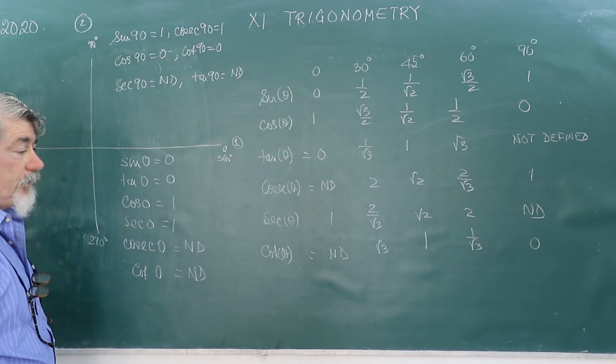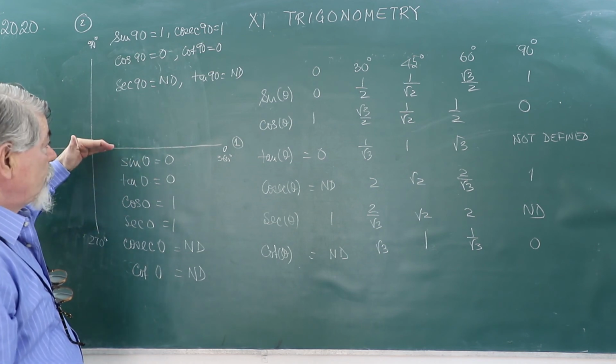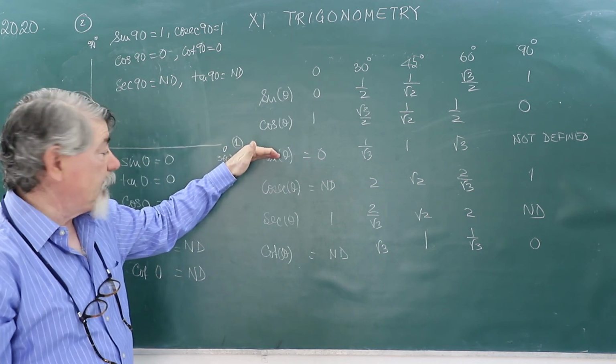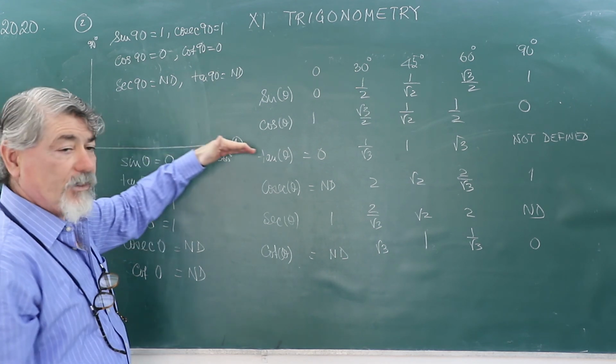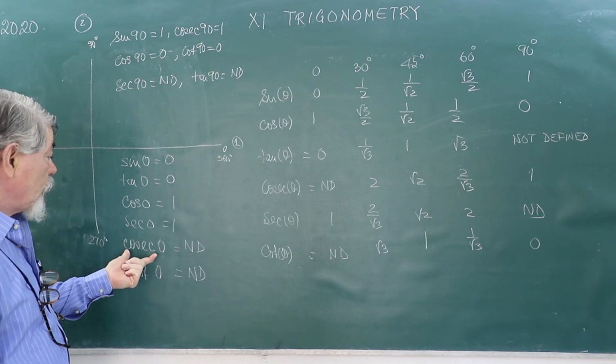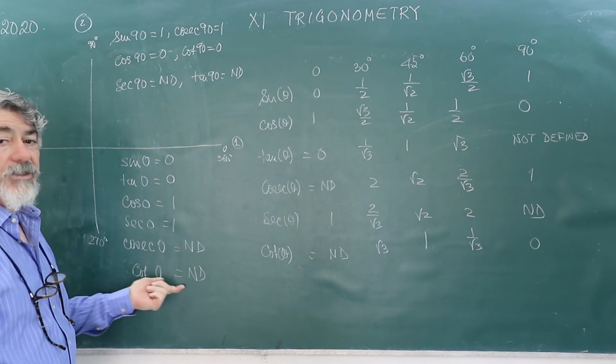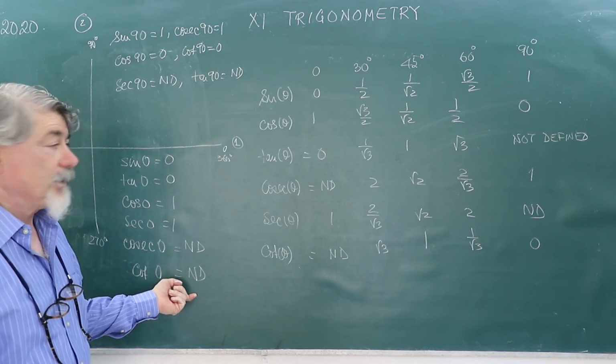So remember this: sine 0 and tan 0 are 0 along this line 1, cos 0 and sec 0 are 1 along this line 1, and cosec 0 and cot 0 are not defined along this line.